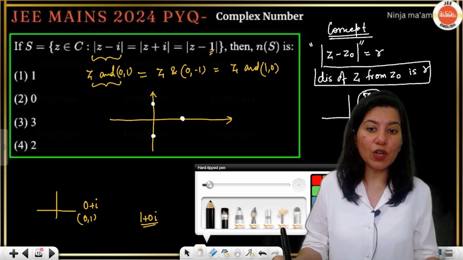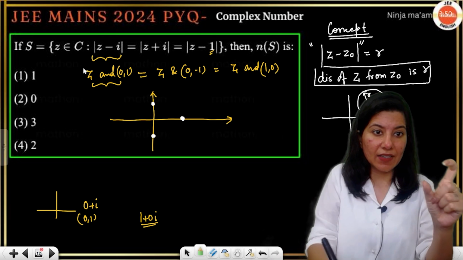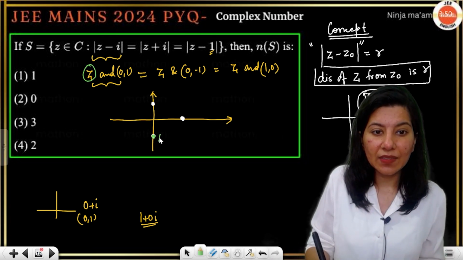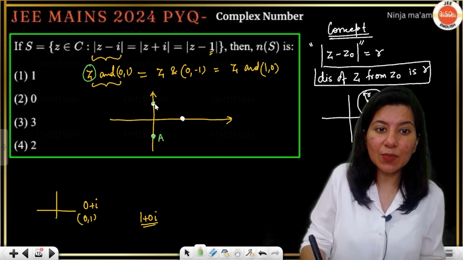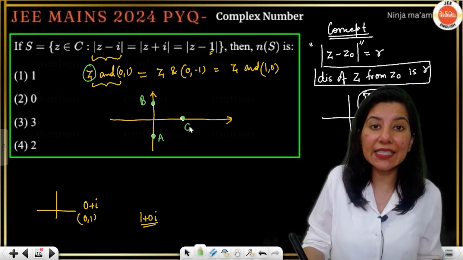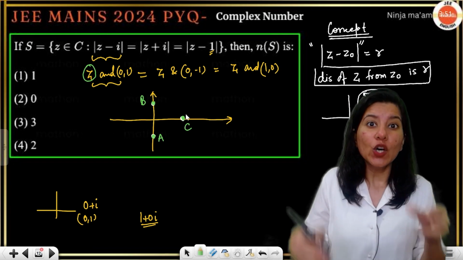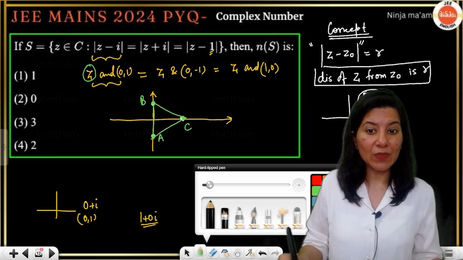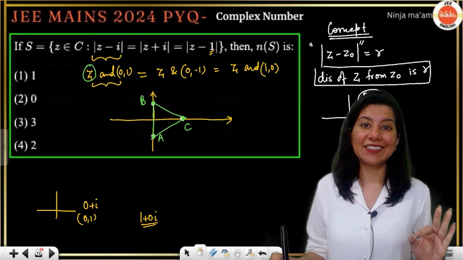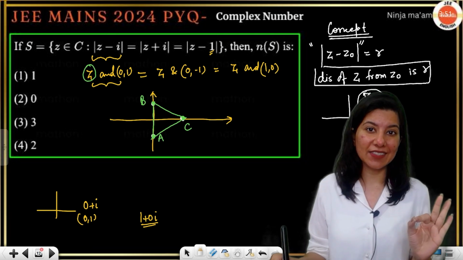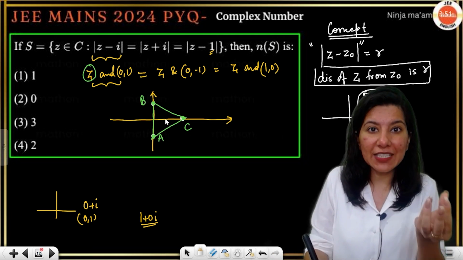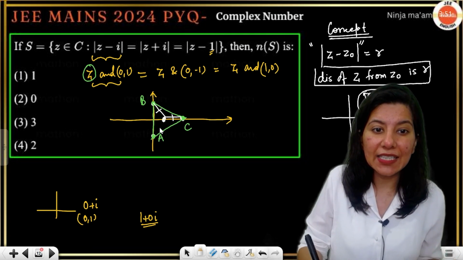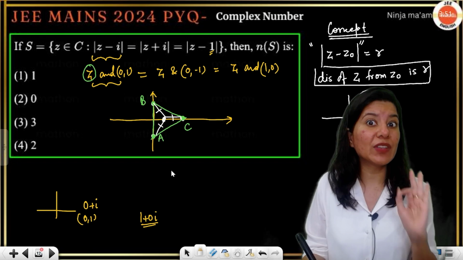We are looking for a point z whose distance from A, B and C are equal. In a triangle, the circumcenter is the point whose distance from the vertices is equal, and that's what we are looking for.